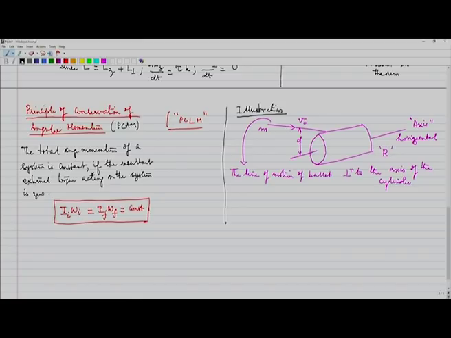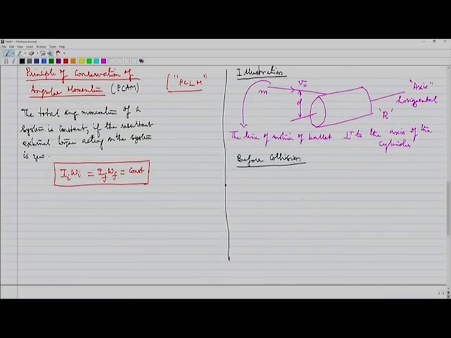Before collision, only the bullet is moving.